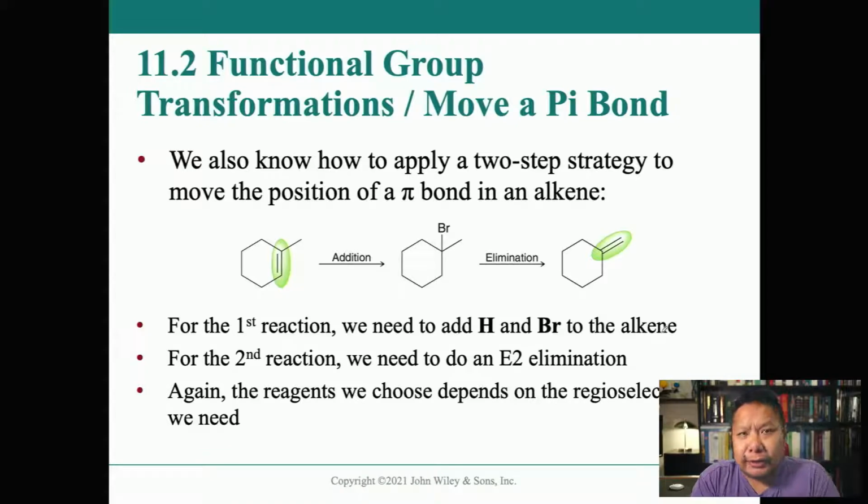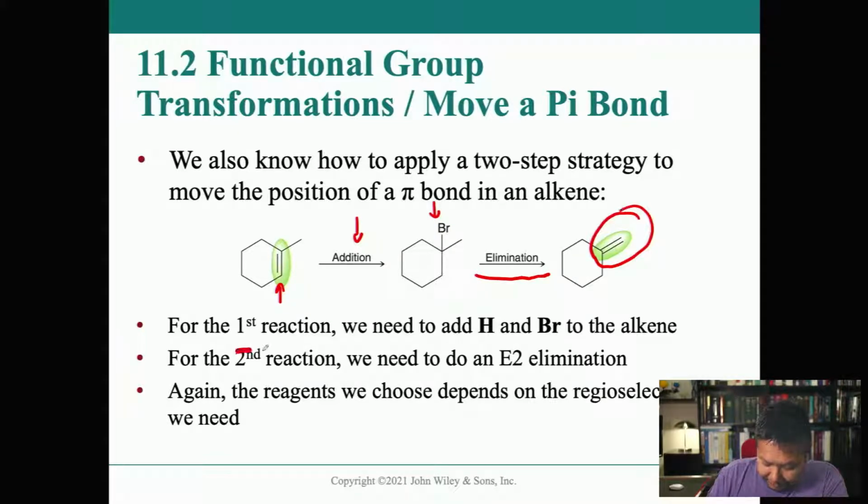Okay. We also know how to apply a two-step strategy to move the position of a pi bond in an alkene. If you have a double bond here, you can do an addition reaction and get your bromine substituted there, and then do an elimination. And once you do the elimination, you get your alkene there now. So first reaction, we need to add hydrogen bromide to the alkene.